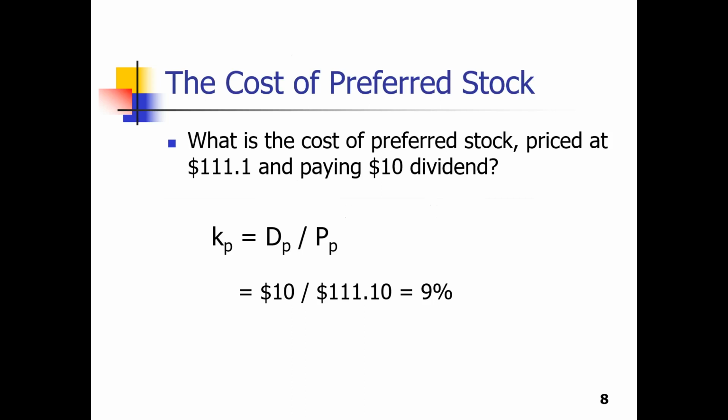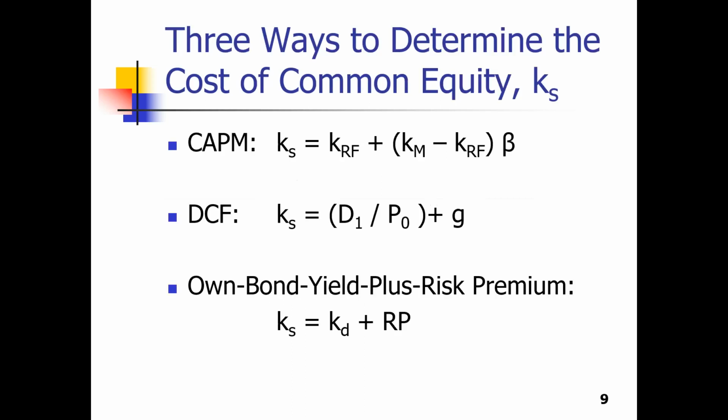And this is information that is available on the company's website, or from brokers that trade these preferred stocks. And it stays fixed. It doesn't change. So it's 10%. Okay, 10% divided by the price of preferred, which changes every day, gives us 9% cost of preferred equity.